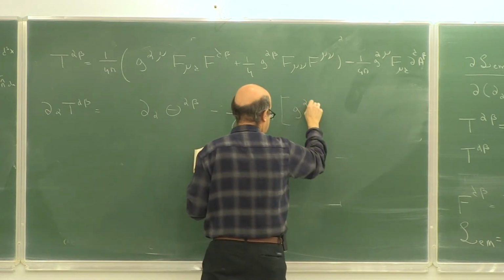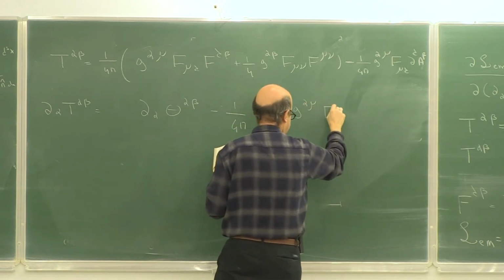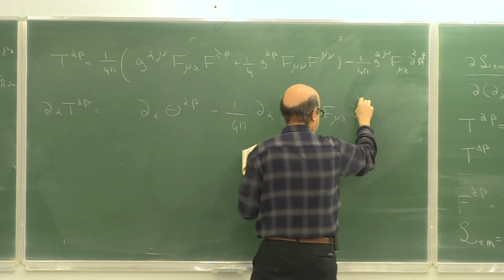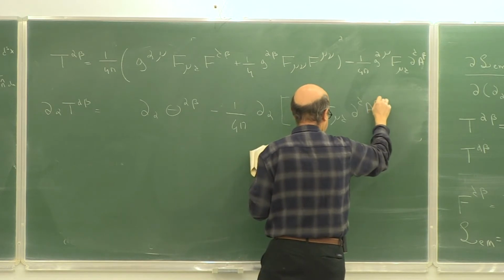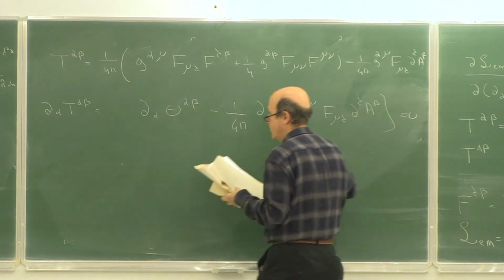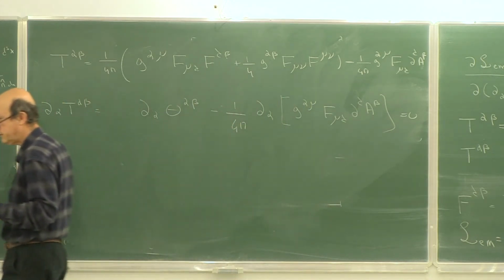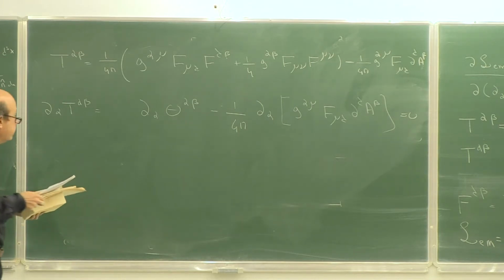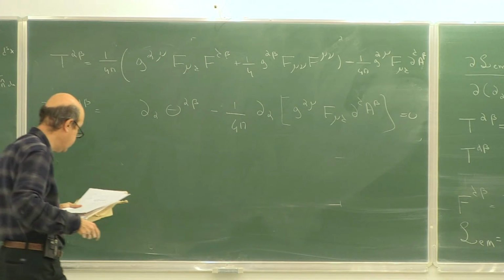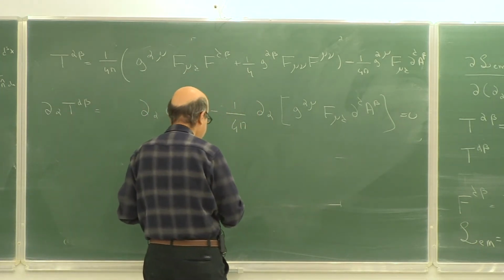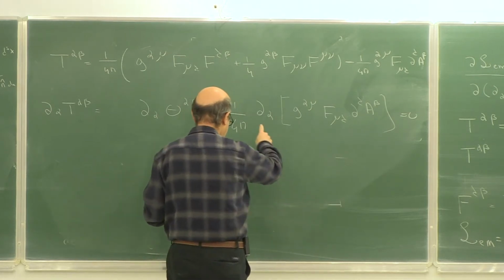G lambda mu, f mu lambda del lambda A beta. So let me see what is going on here, because I know that this is 0 in general. So let me do, then we can give a break. What is going on here? This piece. So let us work on this piece.